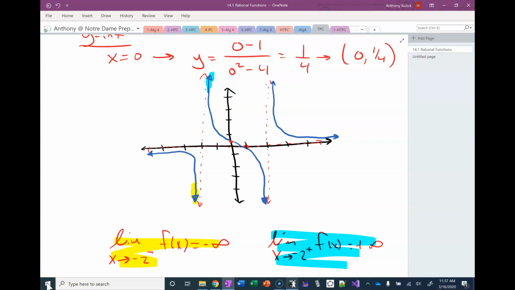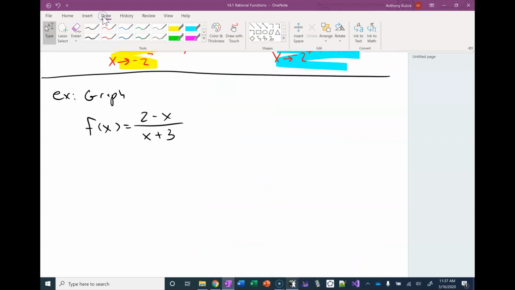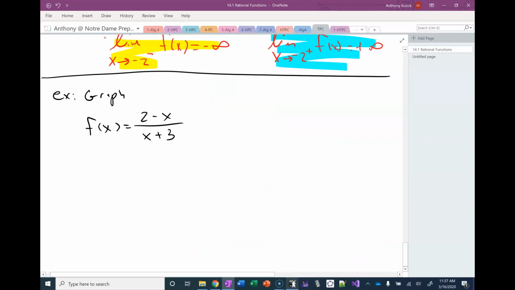Now let's look at another example. New example. So first thing I'd want to do is factor the numerator and denominator. Notice that since they're both degree 1 polynomials, there's really no factoring to do there. So we'll start by finding the vertical asymptote. I get those by setting the denominator equal to 0. Next thing, we'll look for the end behaviors.